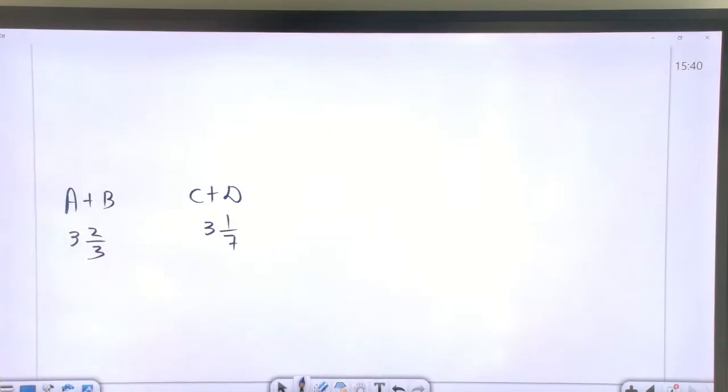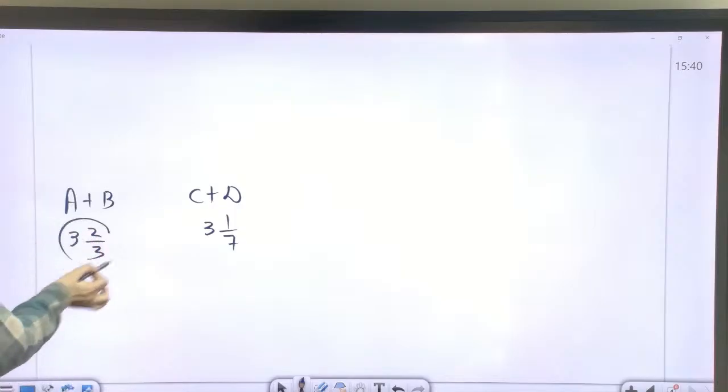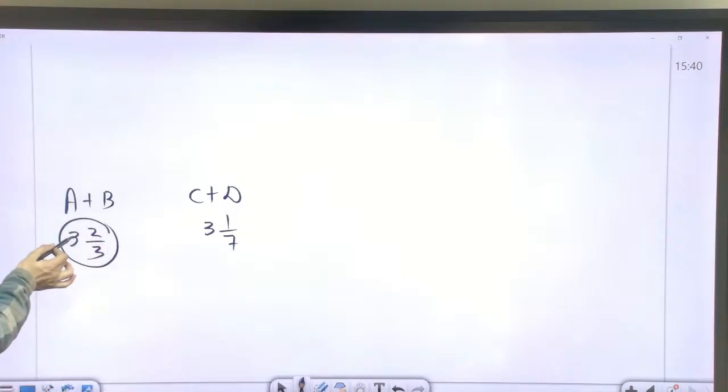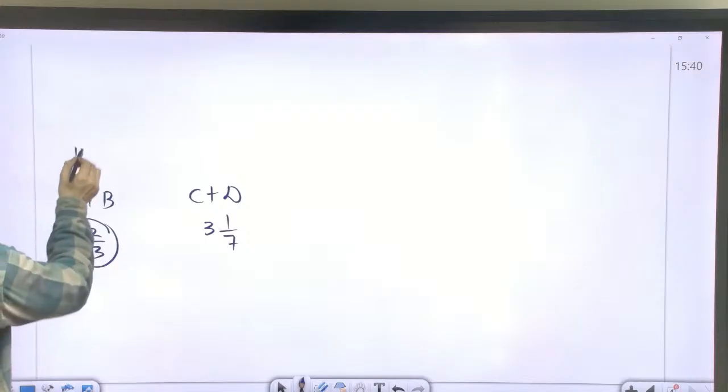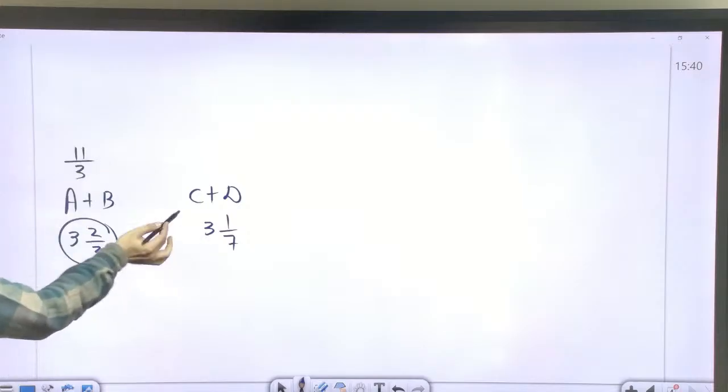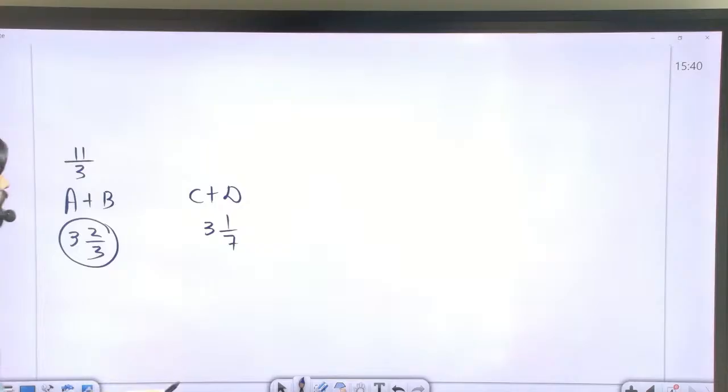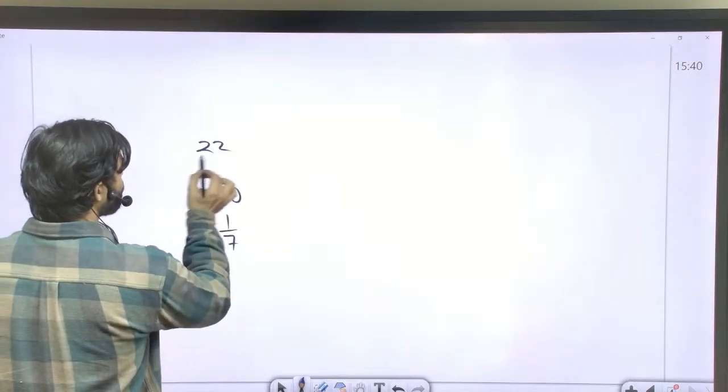So I can write it like, we can expand it. 3 into 3, 9 plus 2, 11 by 3. 7 into 3, 21 plus 1, that is 22 by 7.